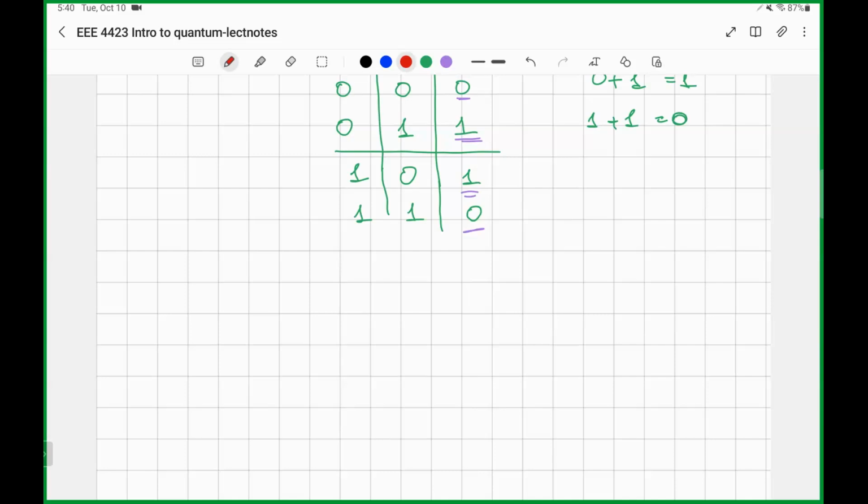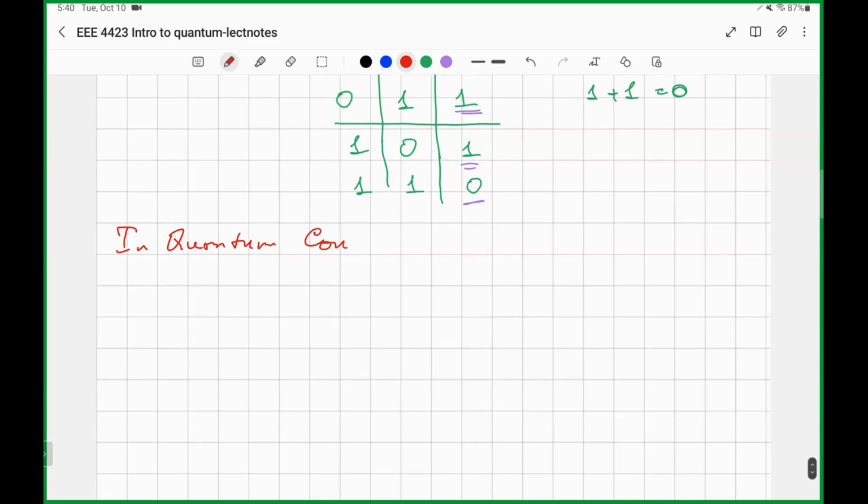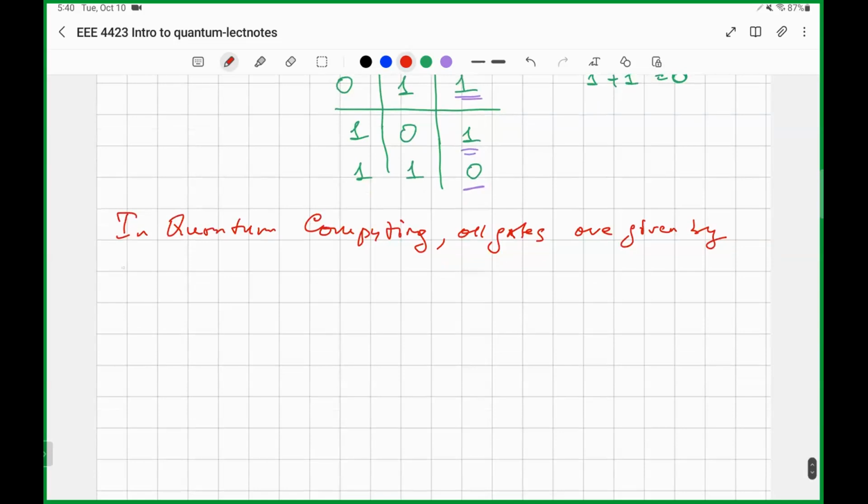In classical computing, we can use reversible and irreversible gates. In quantum computing, the gates must be reversible because they are represented by unitary operators.